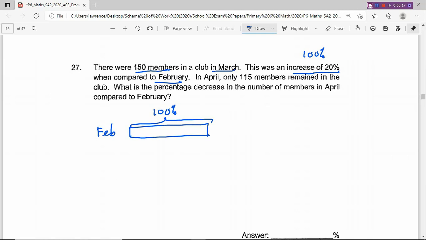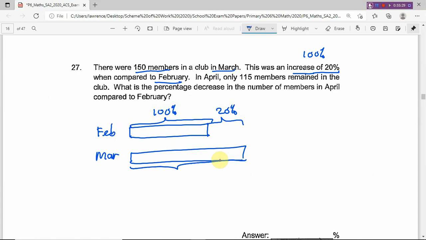Why? Because in March there was an increase. There was an increase of 20%. And so now March is what? March is now 120. Okay, so before you can plus 20%, you must always start with 100% first. Okay, and there were 150 members in March. Yeah, and then you can see that 120% is 150.